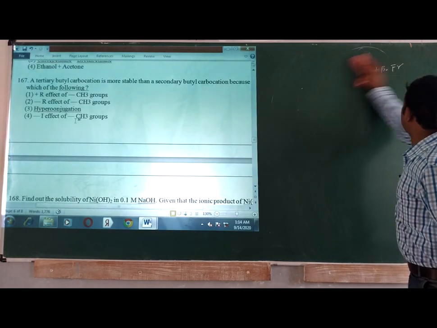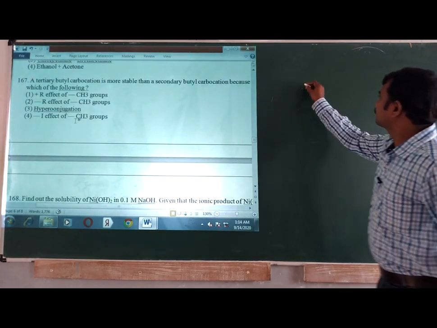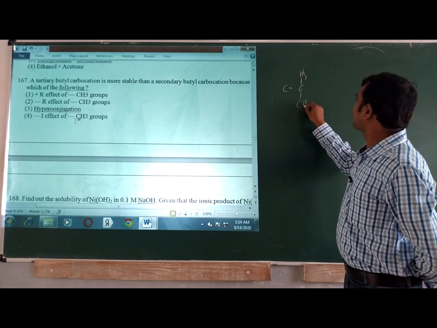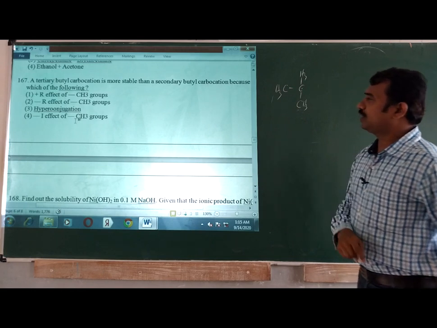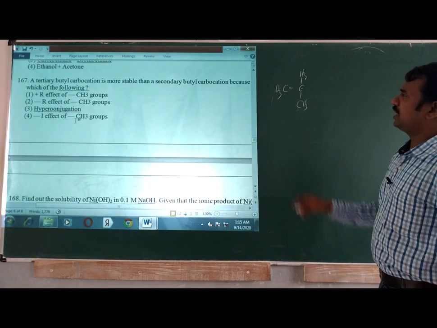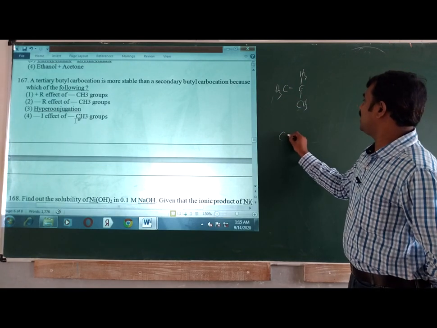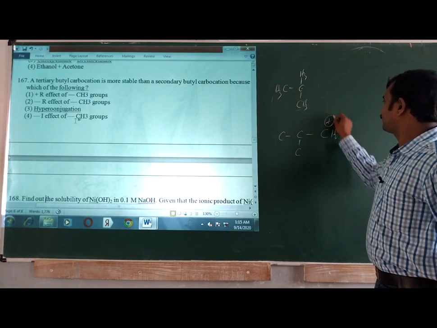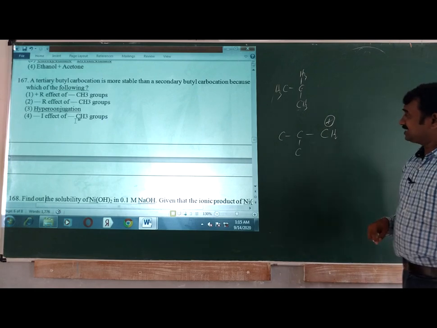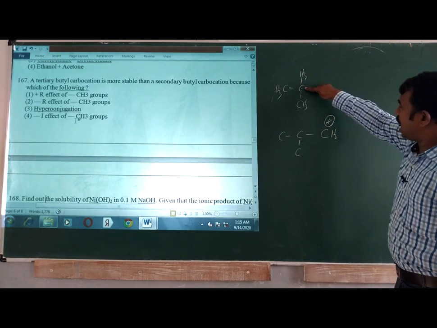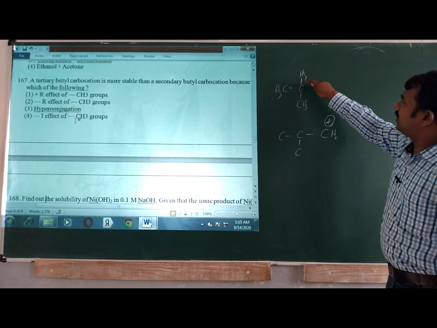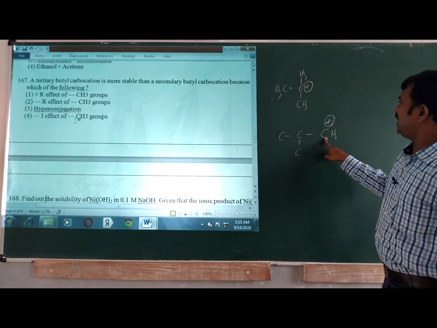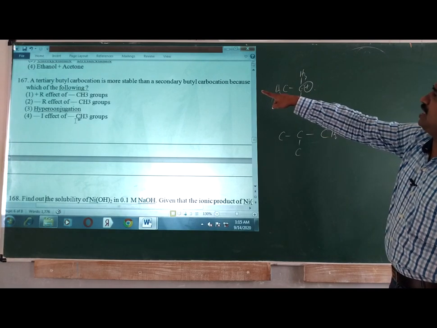Here is the tertiary butyl carbocation and the secondary butyl carbocation. This is the tertiary carbocation, and here the secondary butyl carbocation.